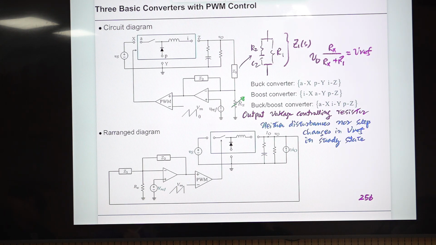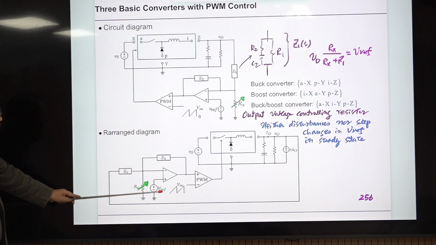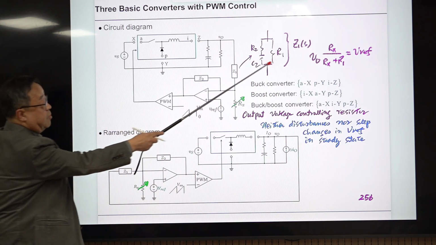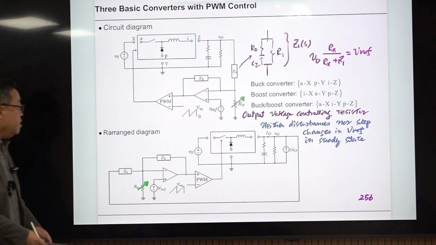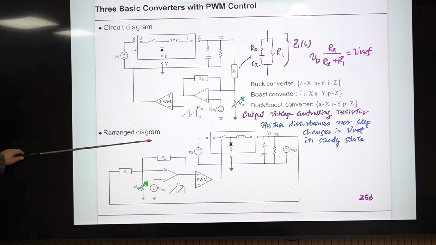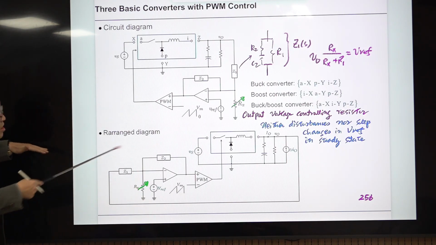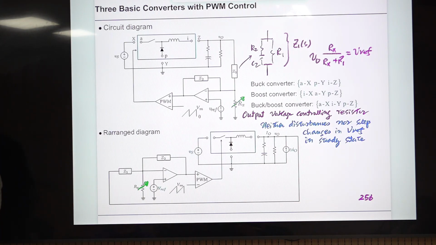And we will change this to adjust the output voltage for the given fixed reference voltage. Our voltage can be changed, so there is some relationship. Okay, so this is the rearranged diagram. I simply modified this system so it looks like the conventional control system.